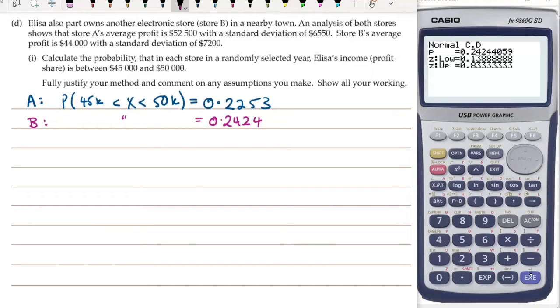0.2424. The probability of them both happening is, think of your tree diagram. We would do store A, yes, store B, yes. Put those two probabilities on that we just found out, so we'd be timesing them together. So the probability of both is 0.2253 times 0.2424.